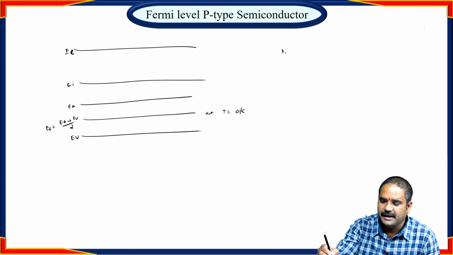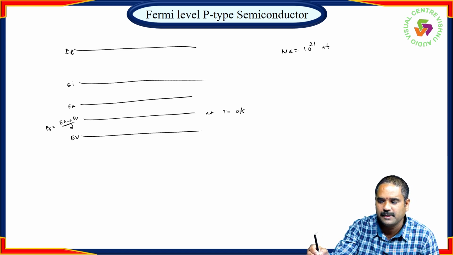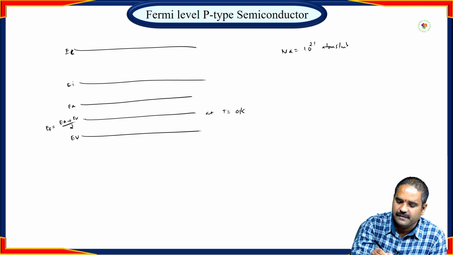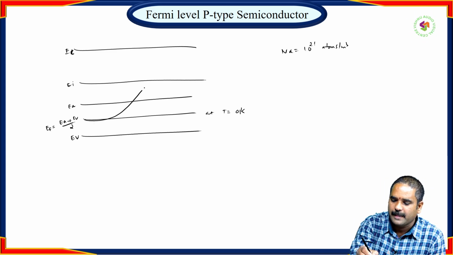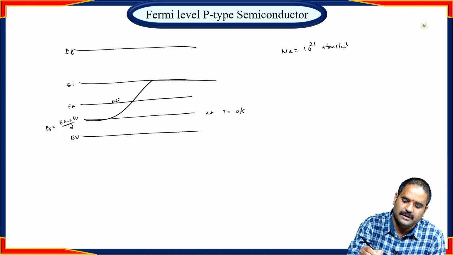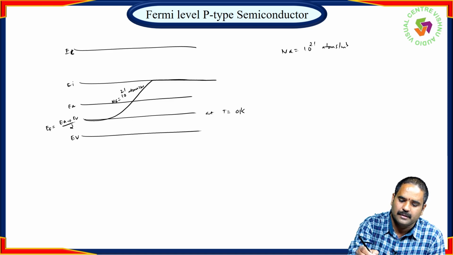If Na acceptor concentration is 10 to the power of 21 atoms per meter cube, then this is a variation of Fermi level. Right?